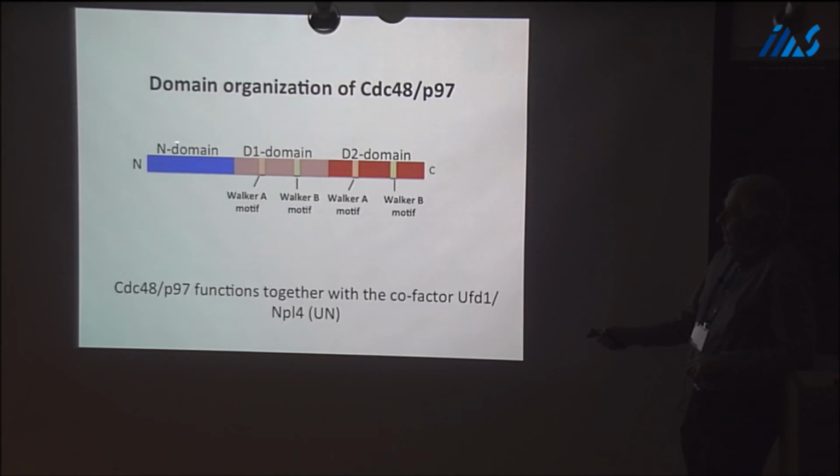It has an N-terminal domain called the N domain, and then 2 ATPase domains in tandem called D1 and D2, and each of them have these characteristic Walker A and B motifs that are required for ATP binding and hydrolysis. And it always works with a cofactor, very often the UFD1 NPL4 complex, the UN complex.